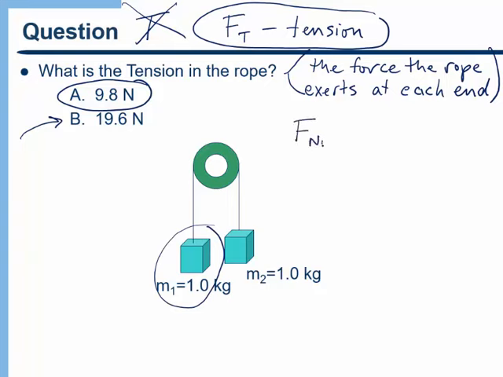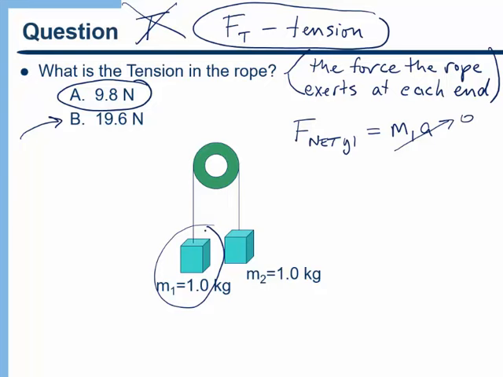The net force on mass number 1 in the y direction is m1a. Now, in this particular problem, you'll notice the masses are identical. So we know that neither object is going to move. In other words, we know the acceleration is equal to 0.